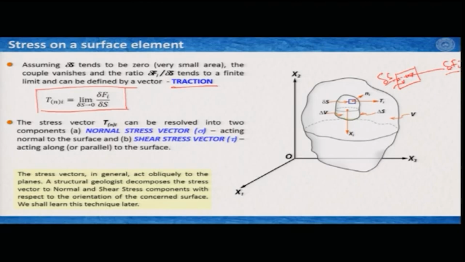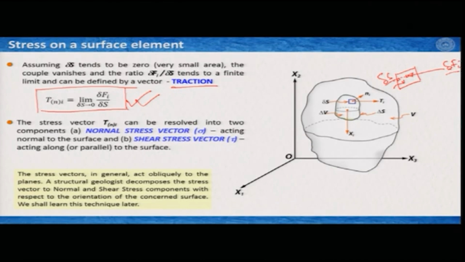Now, this is not really a very straightforward expression as force per unit area or reactive force per unit area. So, in considering stress, this is how we apply the definition of stress on a surface element.